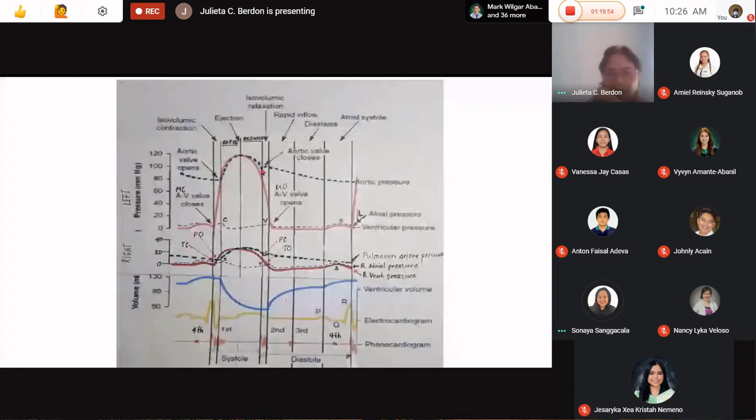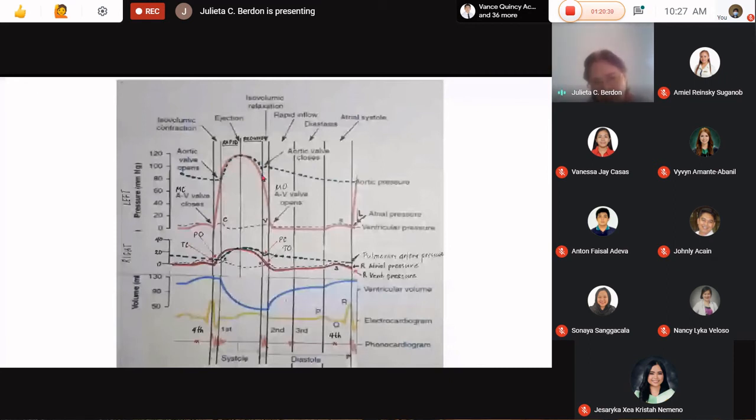So, once your aortic valve closes, that will mark the onset of ventricular relaxation. The ventricle is relaxed and no longer contracting. Meanwhile the atrium is filling. So, ventricular pressure goes down rapidly.